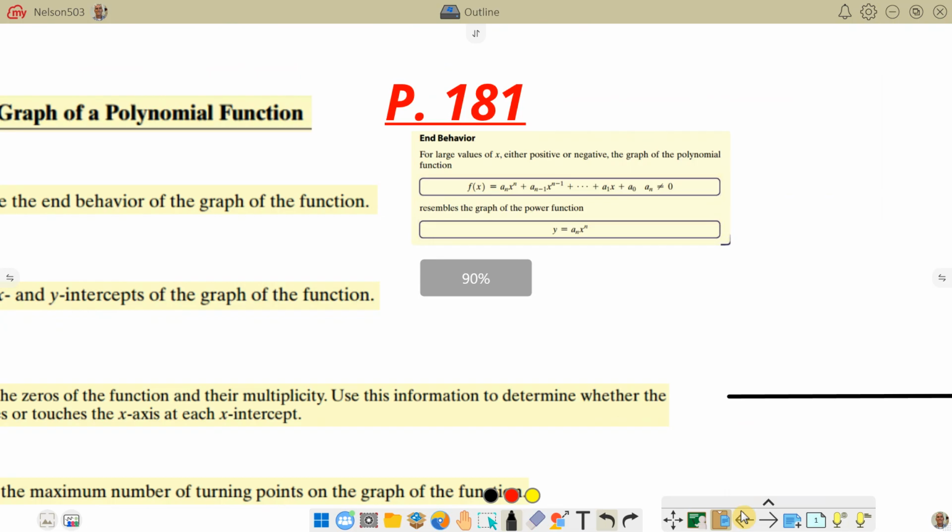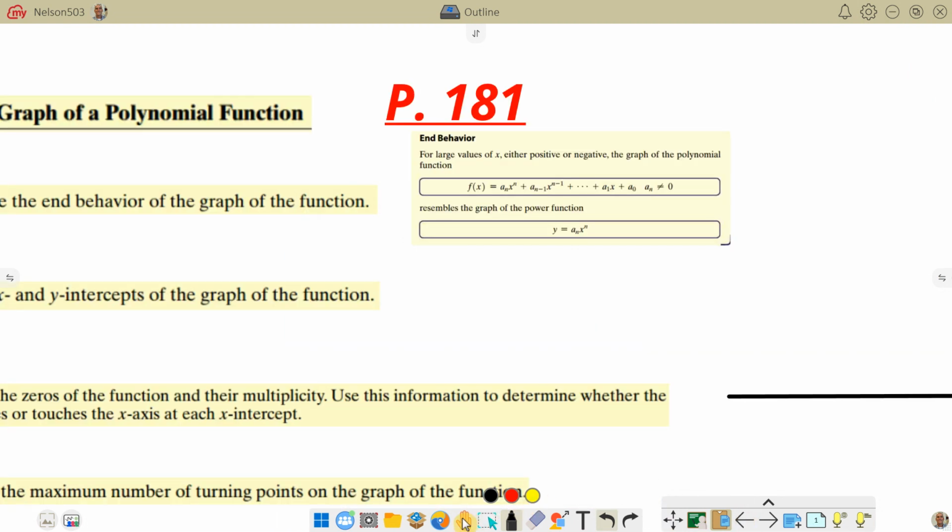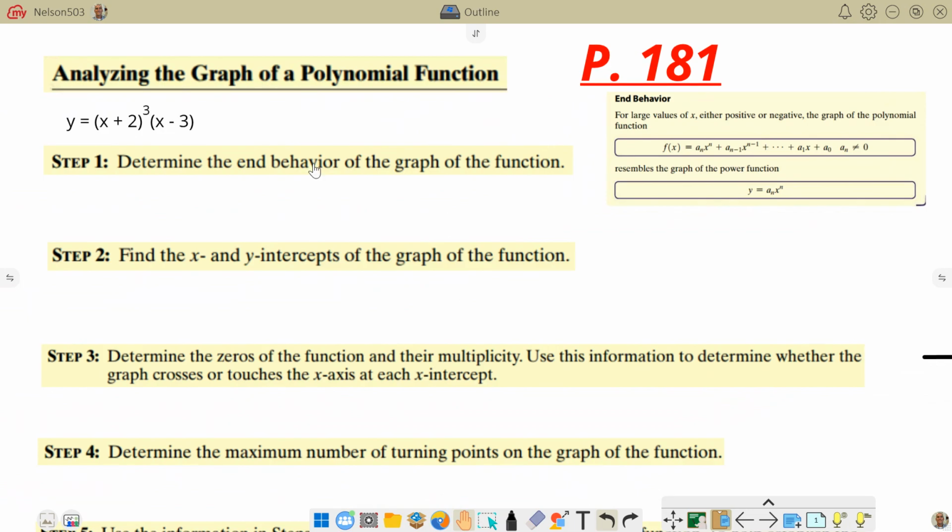So let's do this. Instead of analyzing this part of our homework last night, this inequality, let's do the quiz problem that we did yesterday, okay? And I'm going to start by graphing this guy right here. And to determine the end behavior, I need to really kind of imagine expanding all this, multiplying out x plus 2 times x plus 2 times x plus 2 times x minus 3.